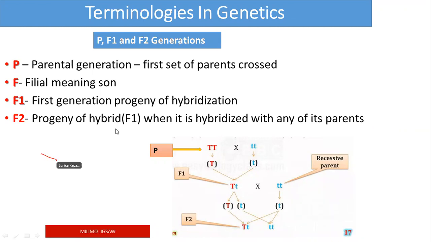F1 is the first generation progeny of hybridization. When we just do the first hybridization from the parents, what will be produced is F1. When we cross F1 parents, because this now becomes the parents for F2, what will be produced is F2.